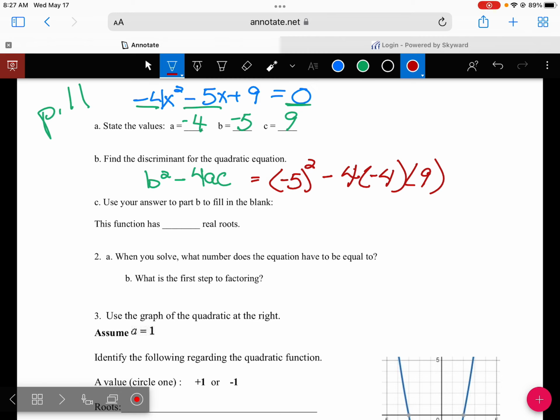So negative 5 squared is 25 minus 4 times negative 4 is negative 16, and negative 16 times 9 is going to be negative 144. Well, it's negative here, but I can't have a double negative, so it will become plus a positive.